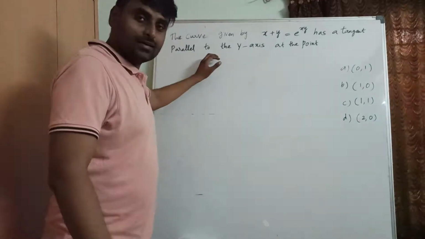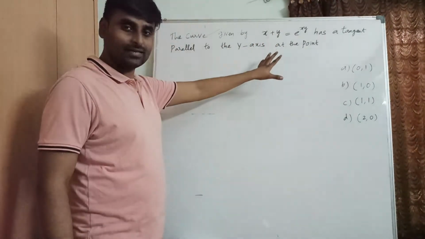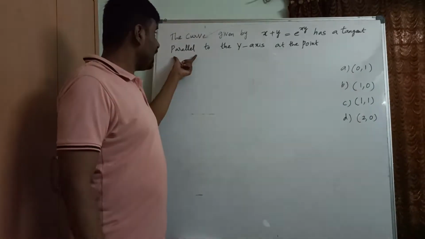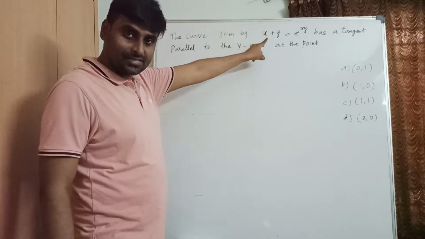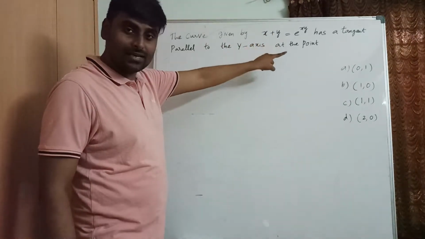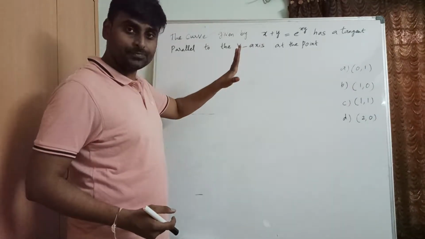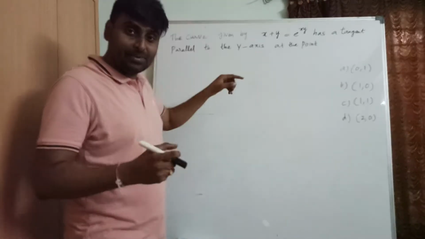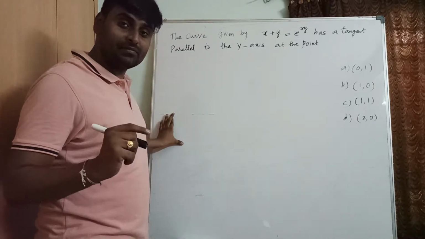Now let us look at this question. The curve given by x plus y equals e power xy has a tangent parallel to the y-axis. First of all, one curve is given. Is it given in implicit form or explicit form? Implicit form. So when you are given a curve in implicit form, how can you find dy by dx? We have discussed a shortcut in the previous video.